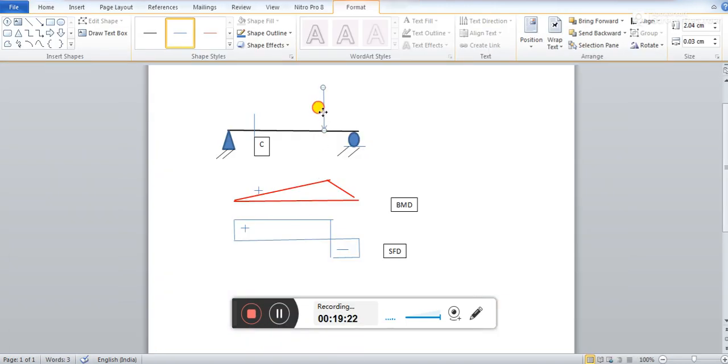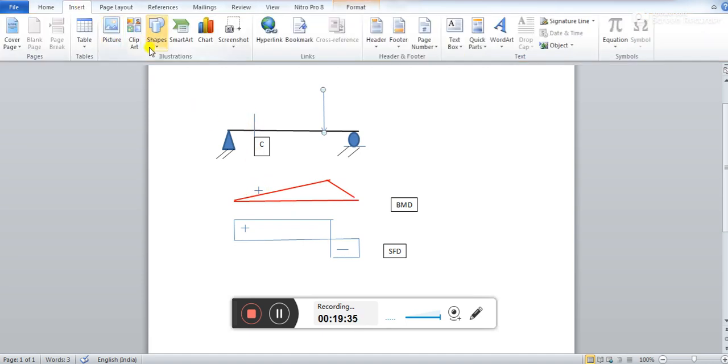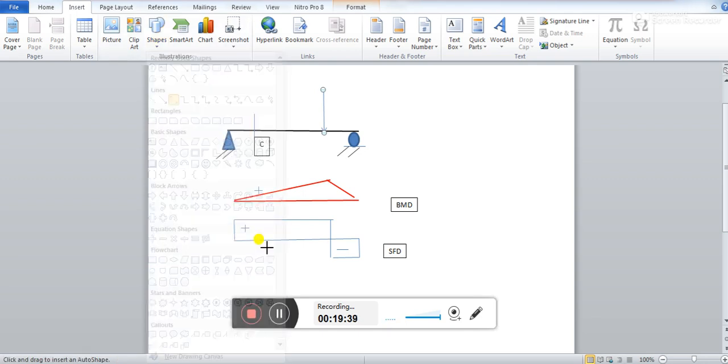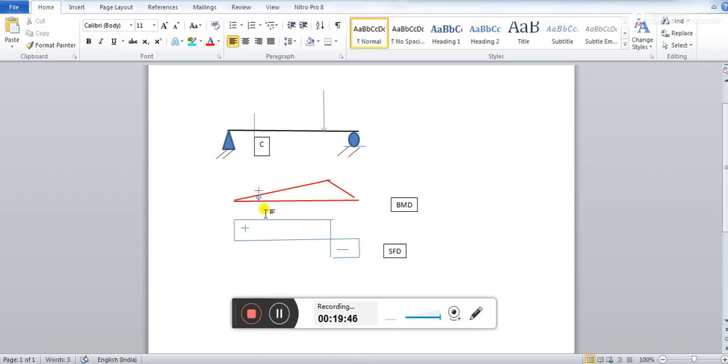When this load was here, the bending moment diagram will look like this. At point C, how much will be the bending moment? When the load is at point C, the bending moment will be this much, right?